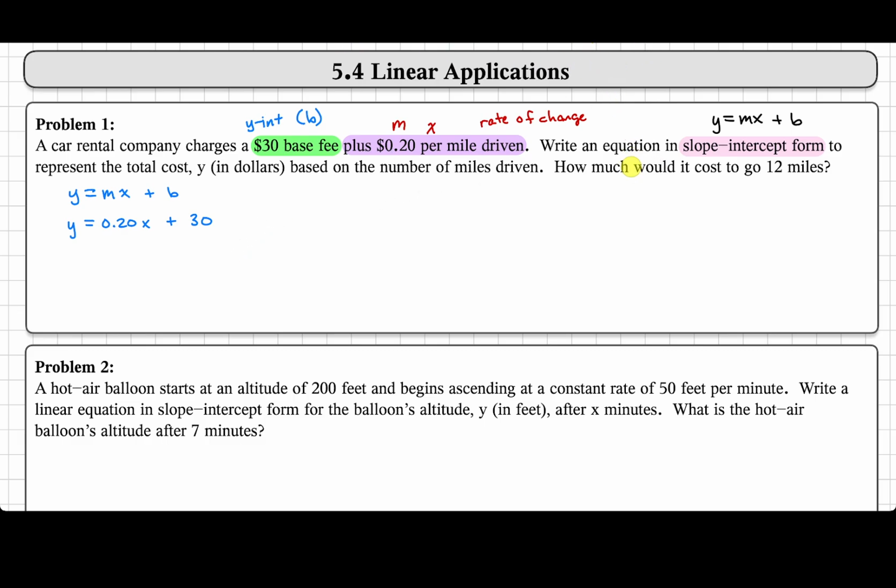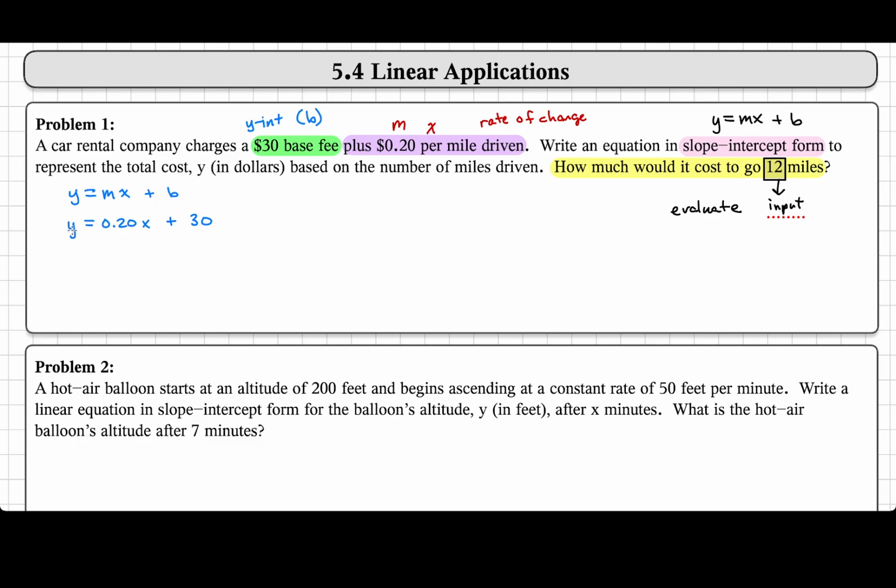Now we're going to use that function to evaluate, because we're getting into the final step. How much would it cost to go 12 miles? What that means is that we are evaluating this input value. To do that, we're going to use Desmos.